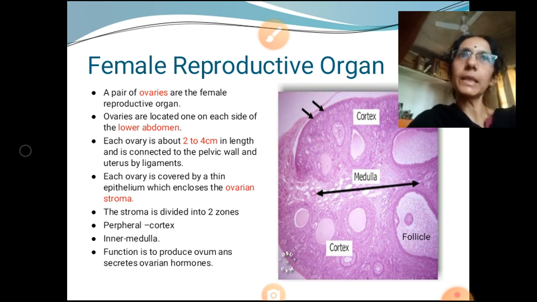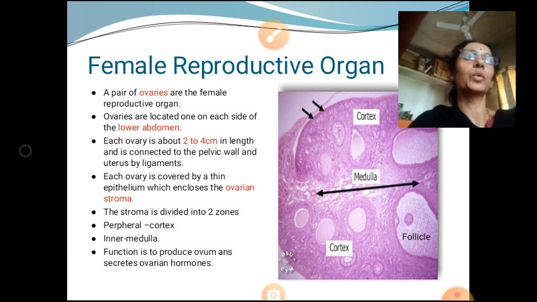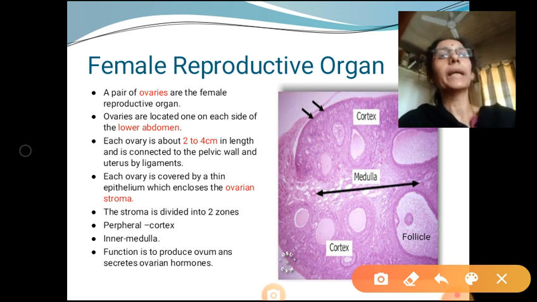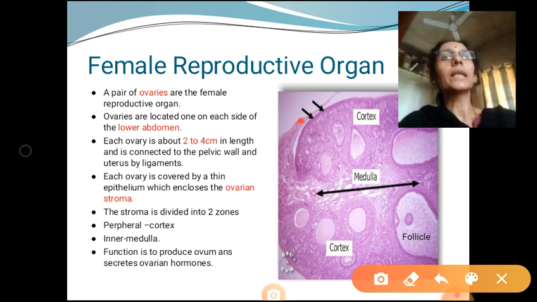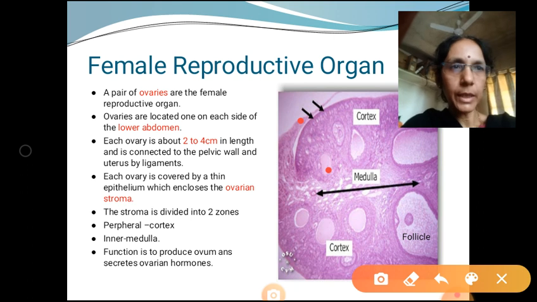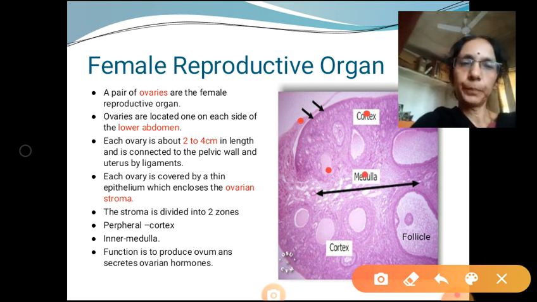What are ligaments? Last year you studied that ligaments are a type of connective tissue. Each ovary is covered by a thin outer epithelium and an inner stroma, and this stroma is divided into a peripheral cortex region and an inner medulla region.